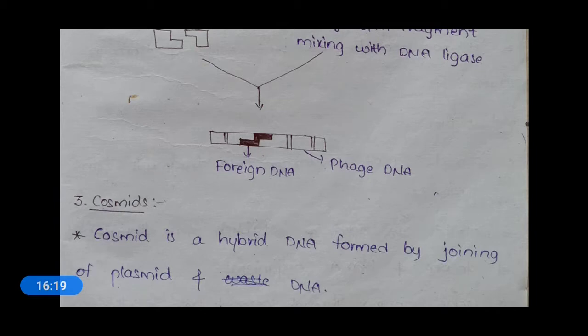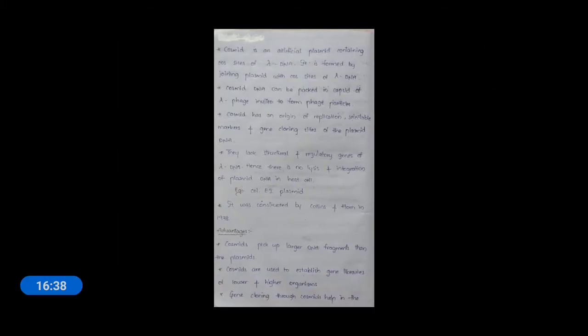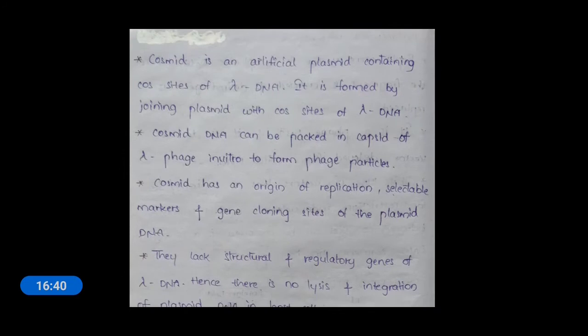This cosmid is a hybrid DNA which is developed from a plasmid, and this plasmid is a base unit for cosmids and also for the pUC class of vector plasmids. So now let's see in detail about these cosmids.